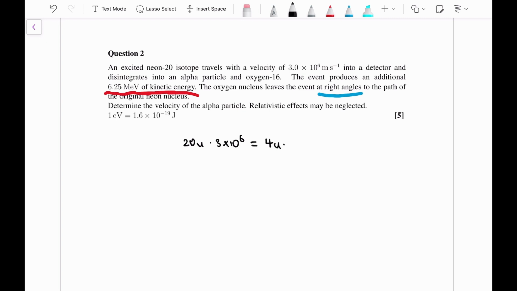Its velocity, we can say it's V alpha cosine theta for some angle. And then we can solve for V alpha cosine theta. The u's cancel out, so what's left will be this.